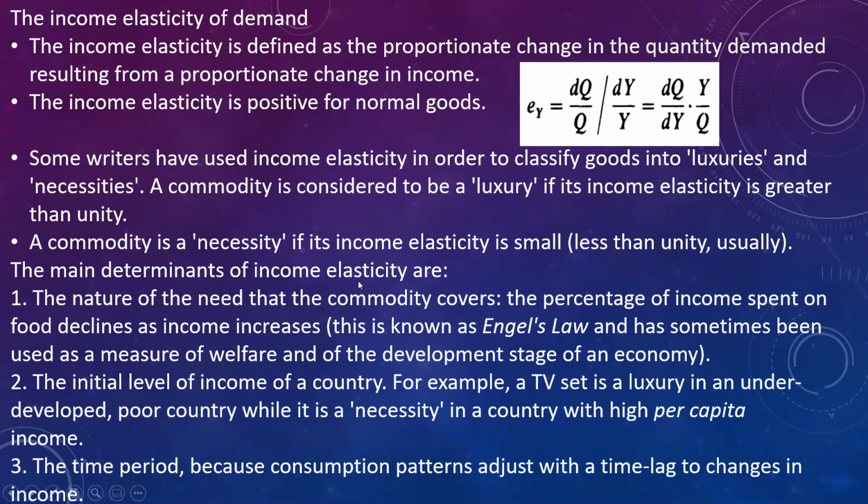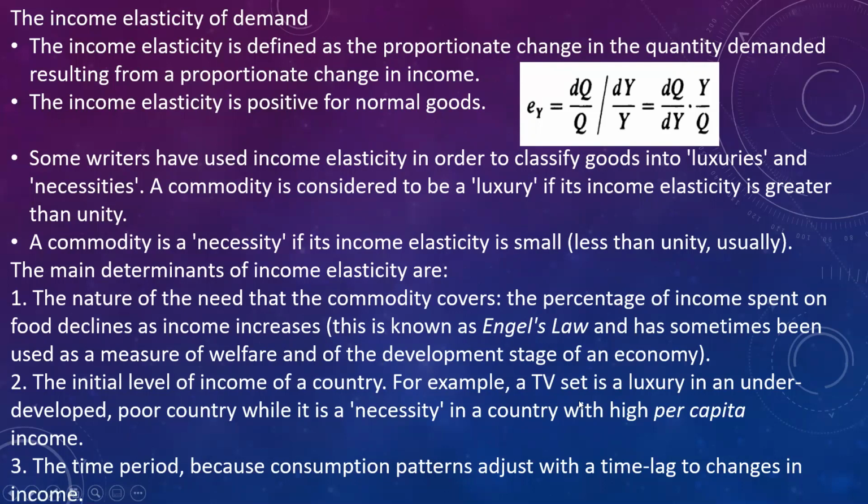Then determinants of income elasticity. First one is the nature of the need that the commodity covers. The percentage of income spent on food declines as the income increases. This is known as Engel's law and has sometimes been used to measure the welfare and development stage of the economy. Second determinant, initial level of income of the country.